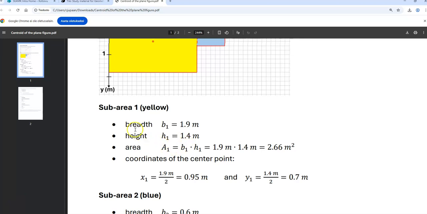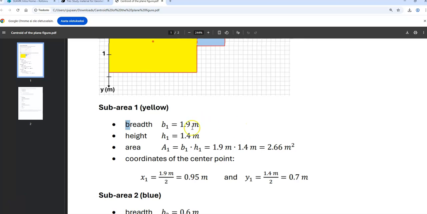Breadth and height, or this breadth can also be called width. I use this English word because the most common letter which we mostly use when we want to use one letter for the measure of breadth or width of some figure is B, and it comes from this word breadth, or at least I guess that's why.